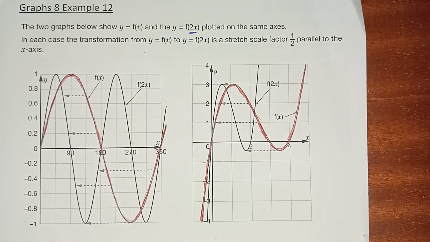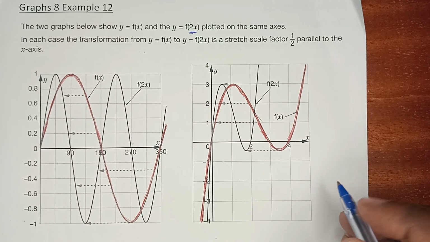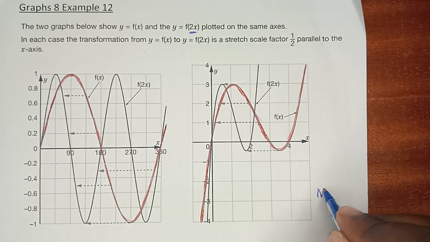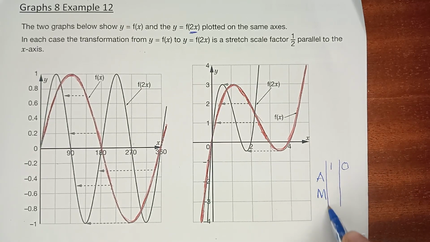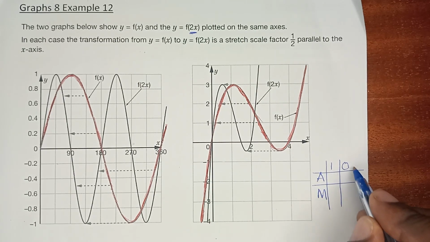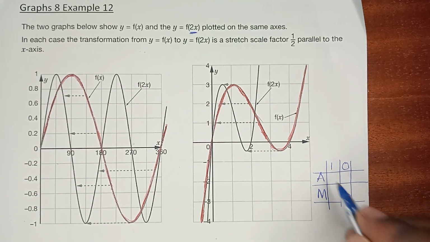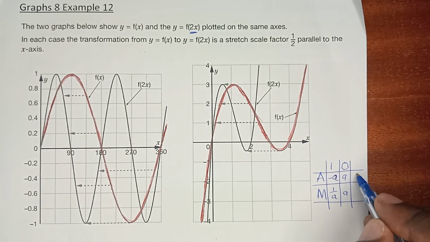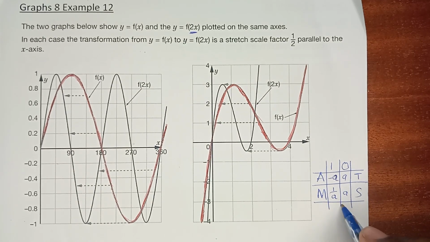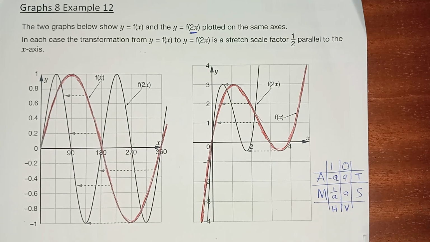I want to employ Mayo to explain the two graphs. Let's have Mayo here, my magic table. This is minus a, 1 over a, and a, and Timothy should verify himself.